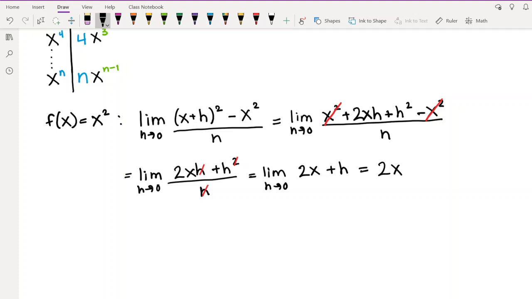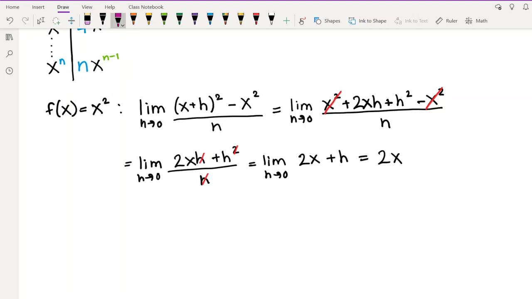So let's work backwards and look back along this track of taking the derivative and see where that 2x appear. If we look back to the second step, notice that the 2x came from this part where it's 2x times h. And why is it that that was the part that gave us the derivative?